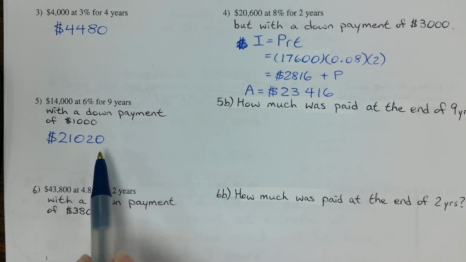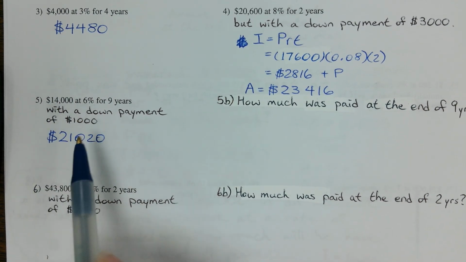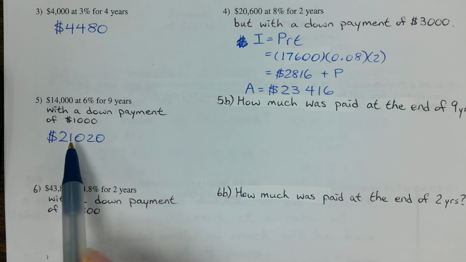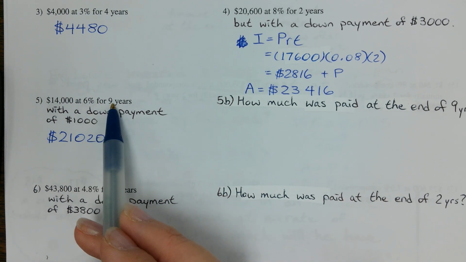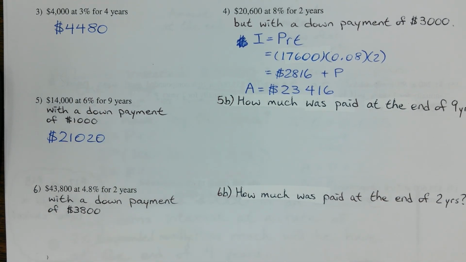Oh, did you get that? Okay. And if you think about it, you might be like, whoa, that's a lot. Did I do it right? Well, remember, 6% for 9 years. So yes, it does add up. That's how much you end at the end of 9 years.